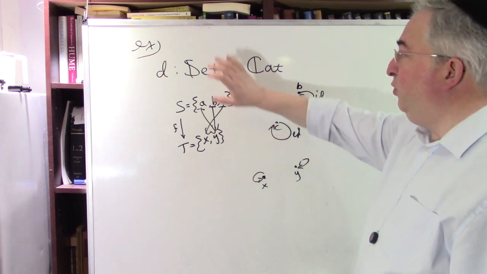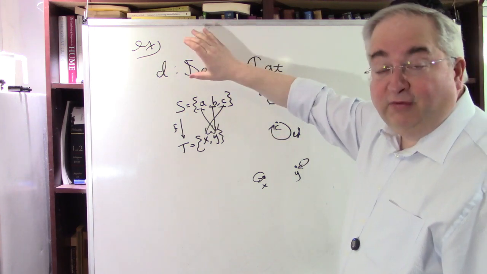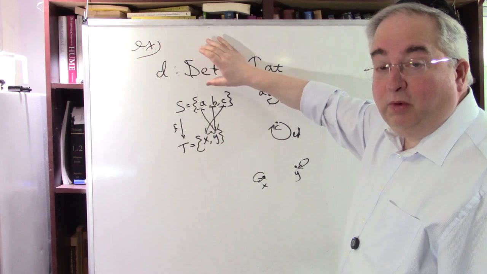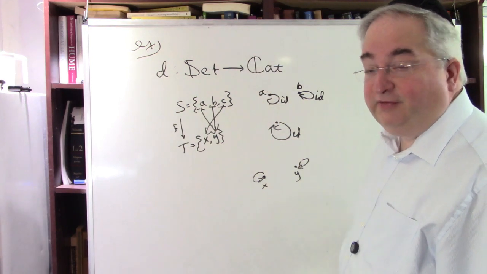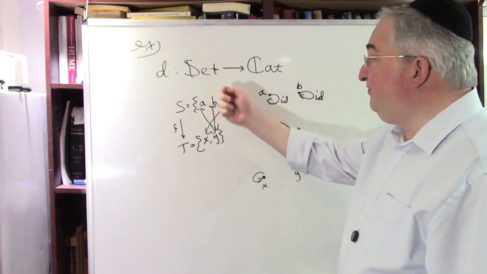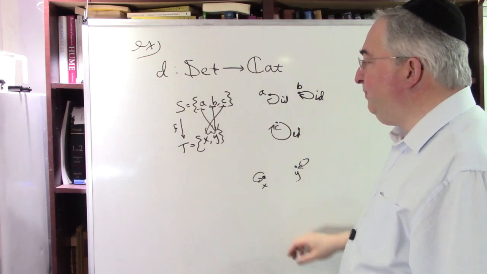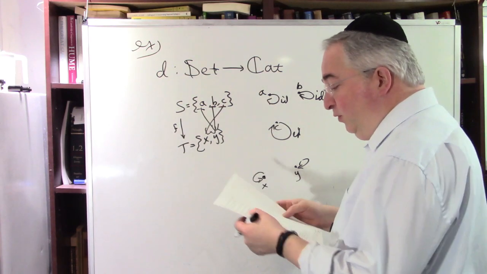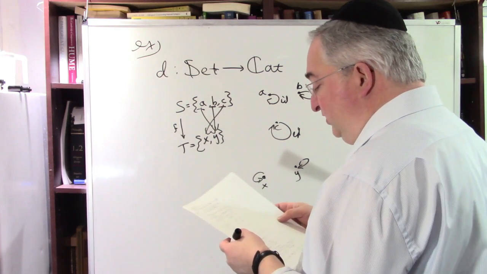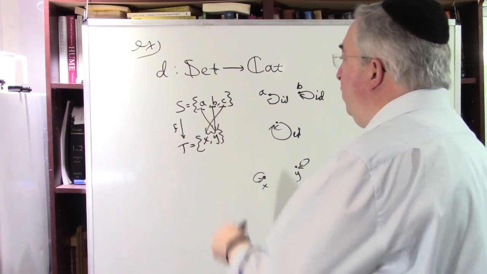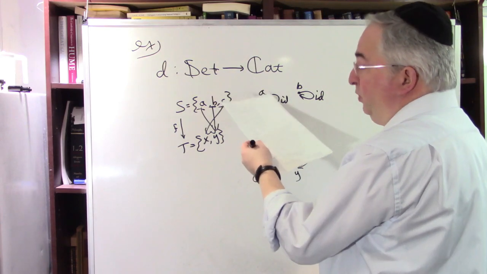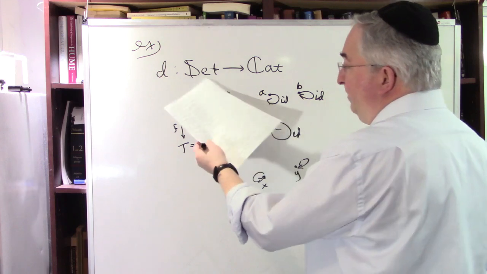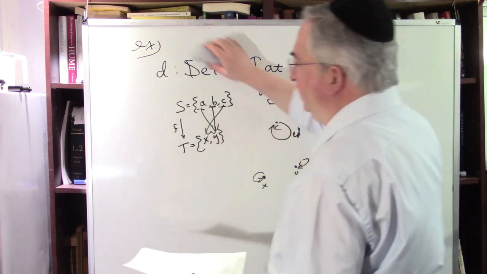Again, we saw this in the first 10 minutes of section 2.1 when we were doing examples of categories, but now we're seeing it as a functor. It takes a set and outputs a discrete category. We're going to have 1, 2, 3, 4, 5, 6, 7 of these things, where we were talking about categories, but now we're talking about a functor into the categories. So that's very nice.